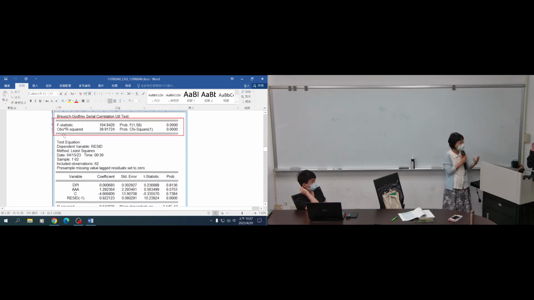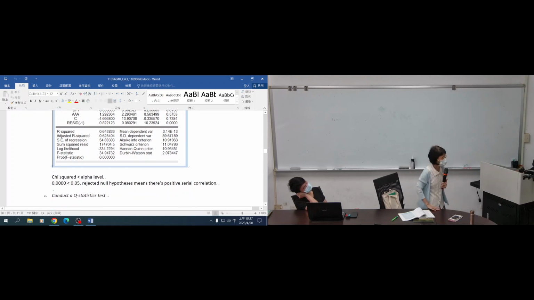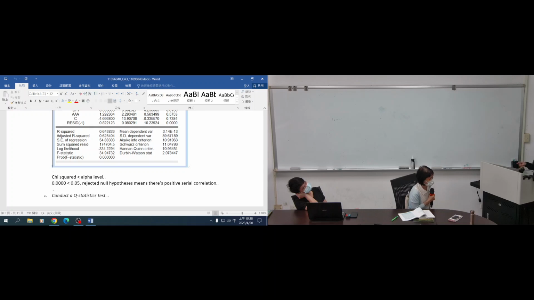How can you have 0.000 something? You have to say the p-value of the test statistic. The p-value of the test statistic is 0.000, really close to 0, which means smaller than 0.05, and means there is serial correlation.